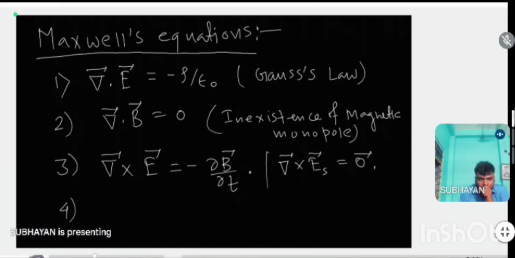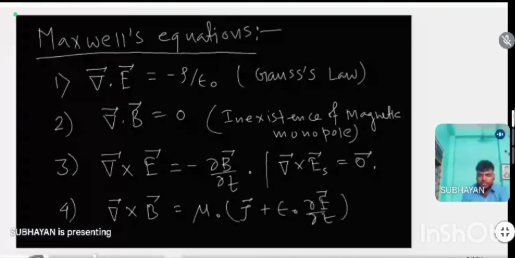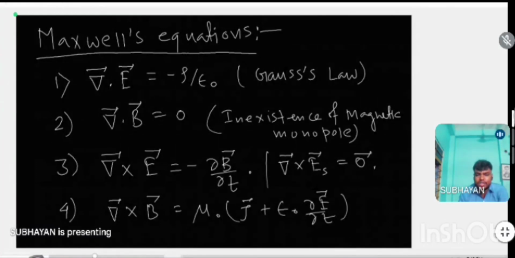And the last one is Maxwell's modified Ampere circuital law, which is curl of B equal to mu naught, and so on. So these four equations are together known as the Maxwell equations, and these are the pillars of electrodynamics.